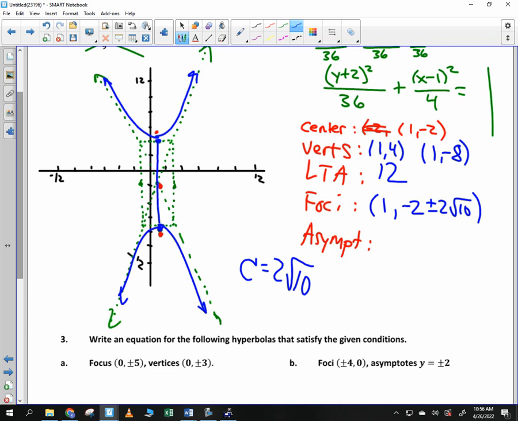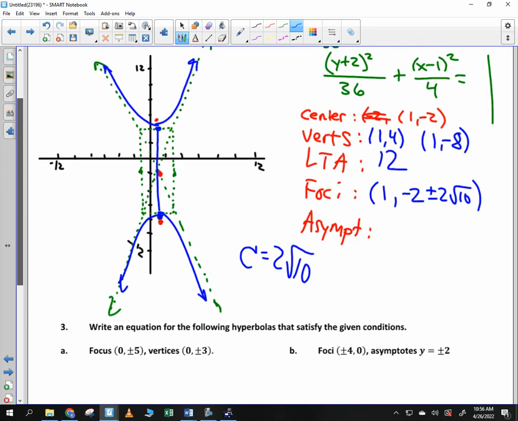Our last one, asymptotes. What 2 things do we need for asymptotes? What is our point? 1, negative 2. What is your slope? 6 over 2. What's 6 over 2? 3. So the slope is plus or minus 3.